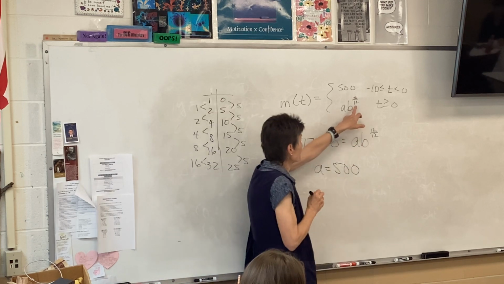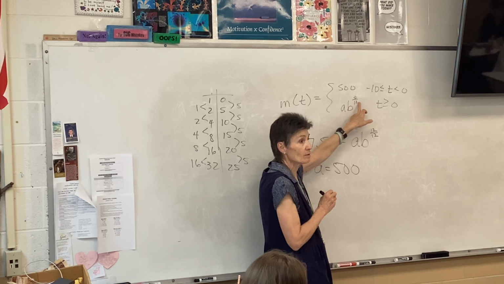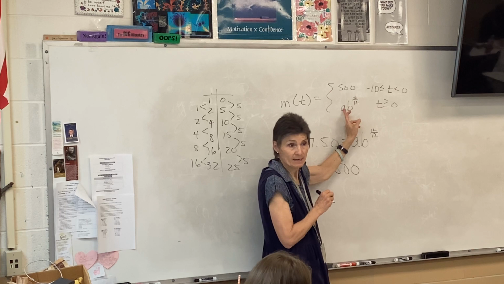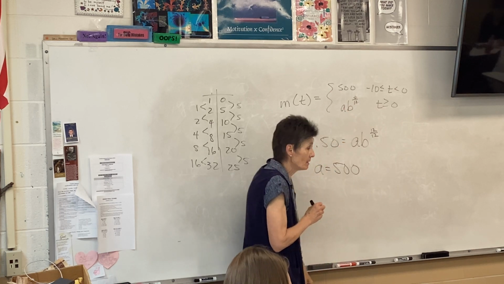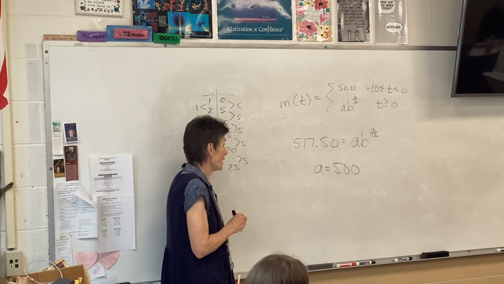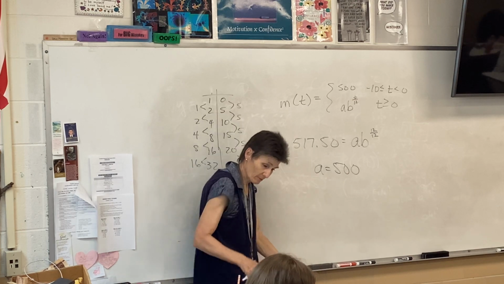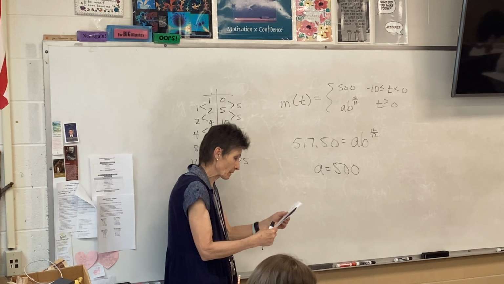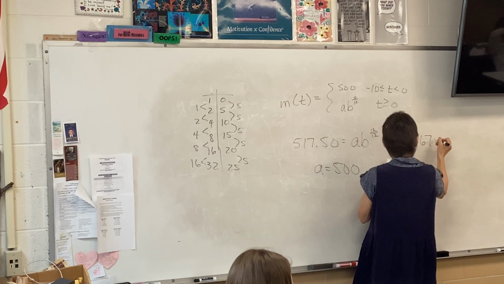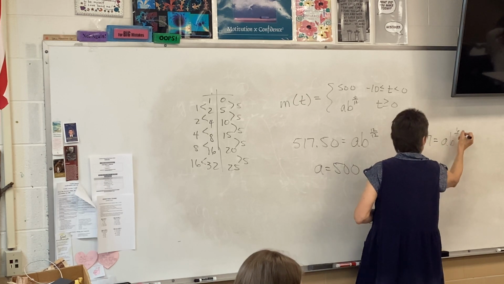Think about it, at time 0, this would be B to the 0th. And don't we know when the problem started, A was 500? Yeah. Well, that isn't exactly the pair of equations I was thinking about, but you can certainly make a case for it. Was anybody else thinking of 508.67 equals AB to the 6/12? Yeah, me too.